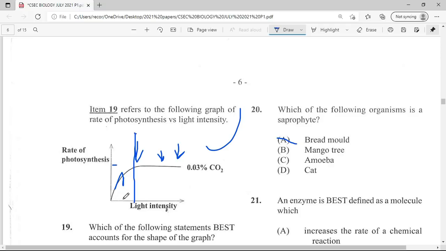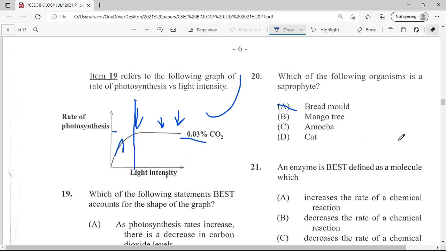As the light intensity increases, the rate of photosynthesis increases here until we get to a point where carbon dioxide became a limiting factor. Thus, the rate of photosynthesis pretty much remained constant. So you see it's going right across here, that plateau being formed. So here, carbon dioxide becoming a limiting factor.